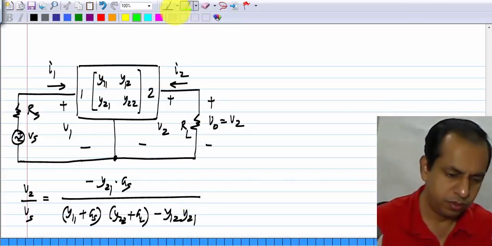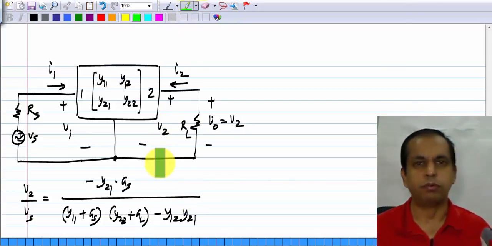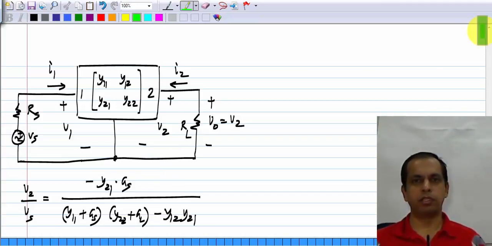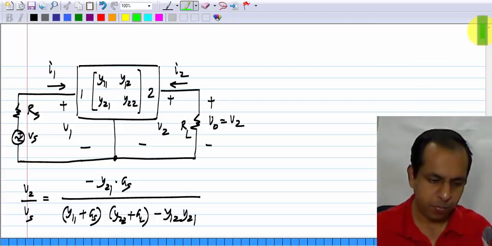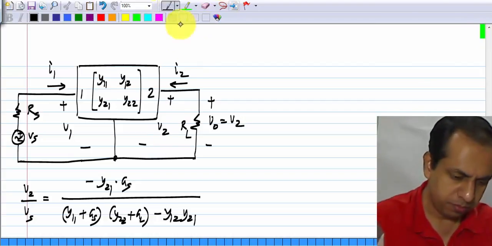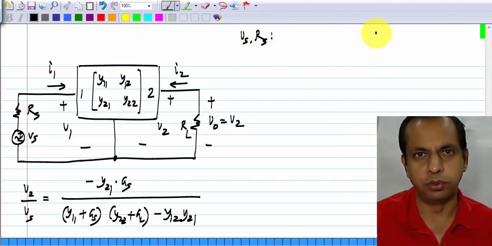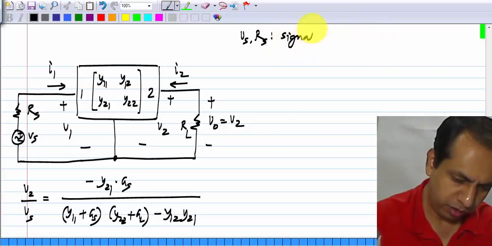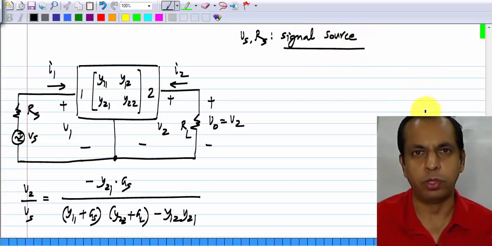So now what we want to do is find out the constraints on y parameters so that we maximize this gain. Vs and Rs constitute the signal source, and we have no control over Rs.